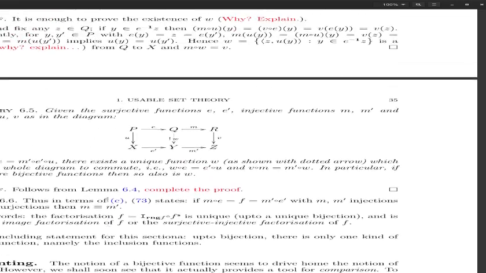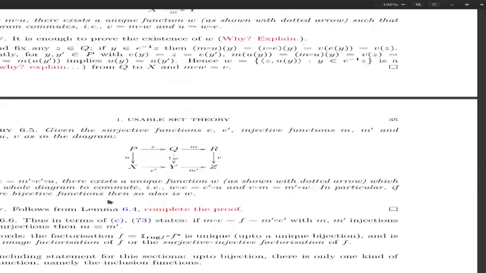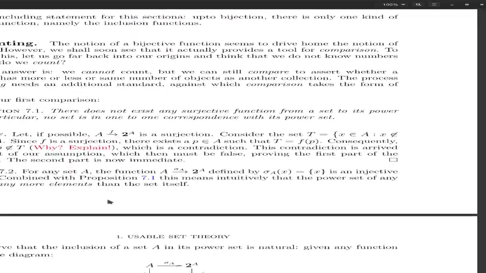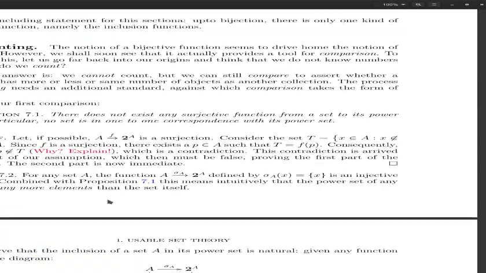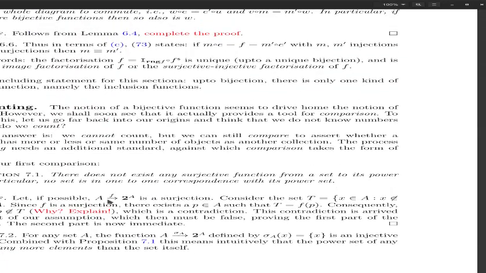It's already an hour. I can still continue, but since I don't want to do the proof of Schroeder-Bernstein again today, especially because Stanley is not here, what do you say?